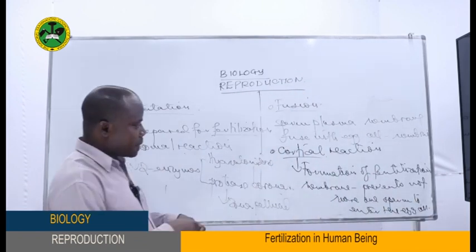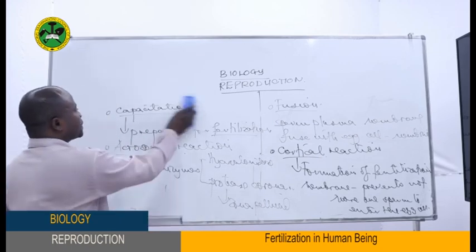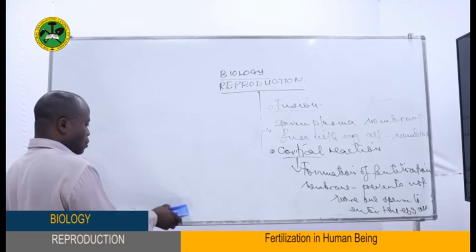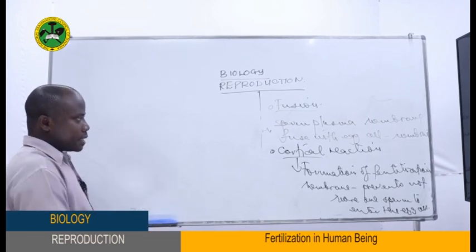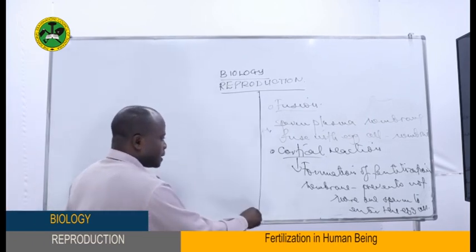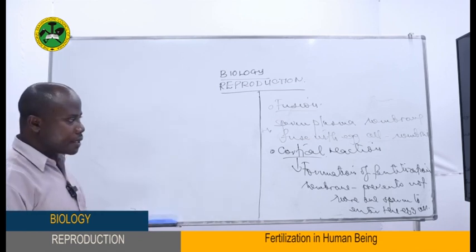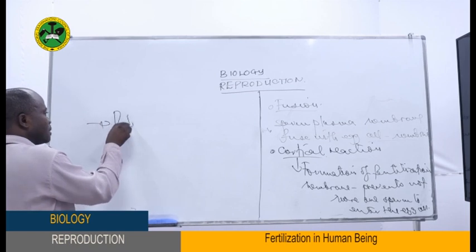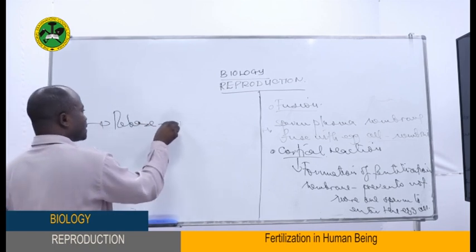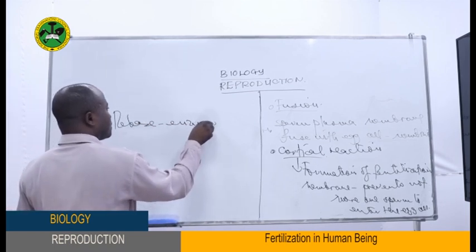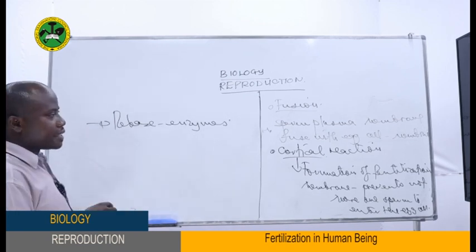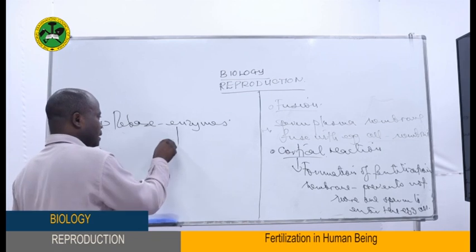To respond to this part, you'll have to explain the role of the cortical granules that are just behind the egg cell plasma membrane. The cortical granules release enzymes, which stimulate hardening and thickening of the zona pellucida.